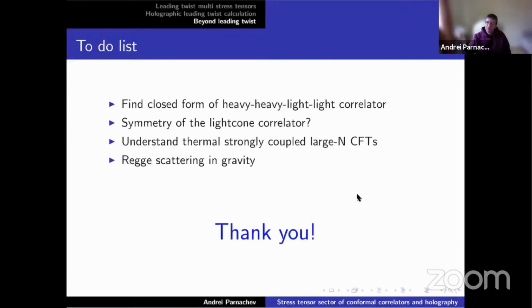For example, as I mentioned, when you do the heavy-light scattering, at some point this delta, the anomalous dimension, becomes imaginary. Delta is a phase shift. Generally, there is a relation between the phase shift in the heavy-light channel, in the cross channel, and the anomalous dimension of the heavy-light operators.